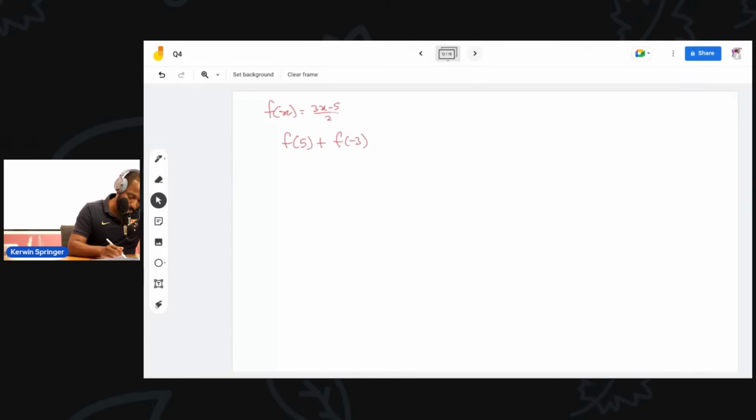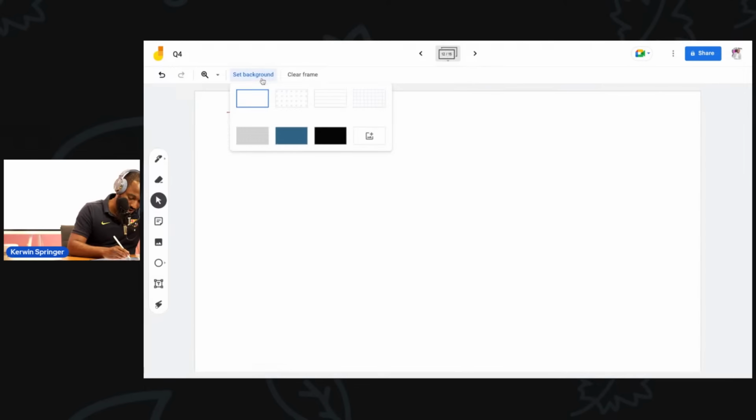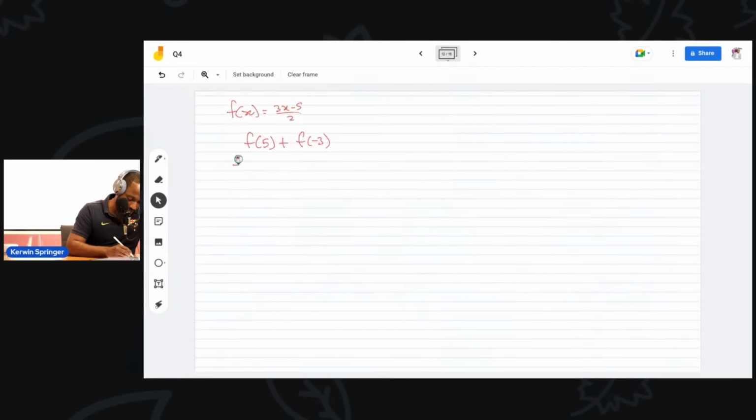So f of 5 plus f of negative 3 is exactly (3 by 5 minus 5) over 2 plus, and then in the next one, we'll substitute 3 by negative 3 this time, minus 5 again over 2.